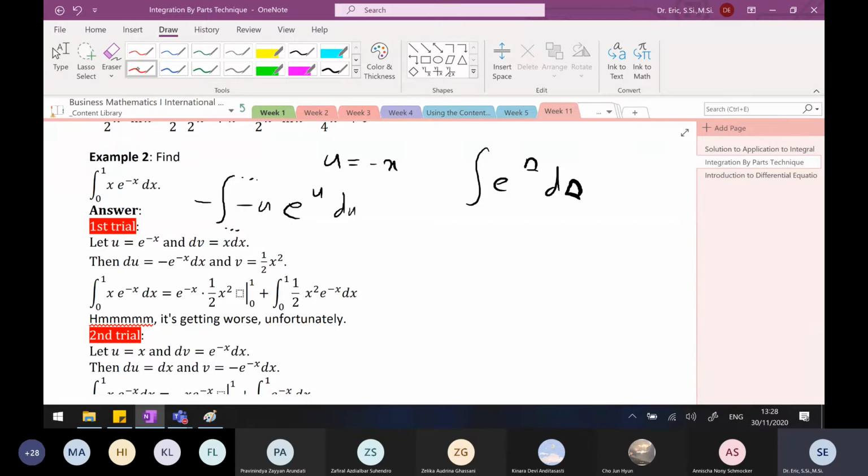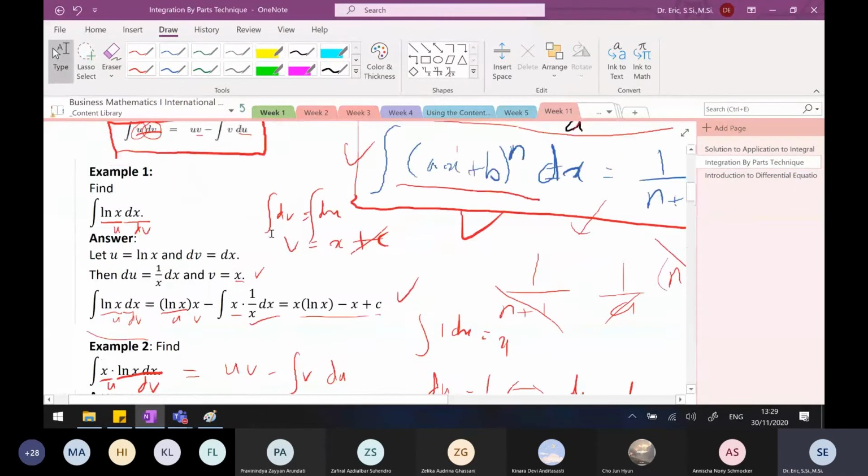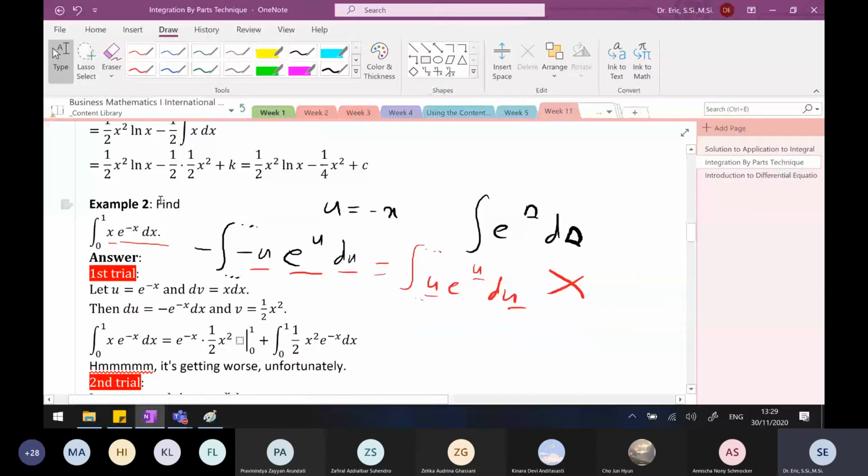So you have something like u times e to the u du. This is the same problem but with a different variable. So you cannot use the substitution method here. For the examples above, example 1 and 2, you also cannot use the substitution method.